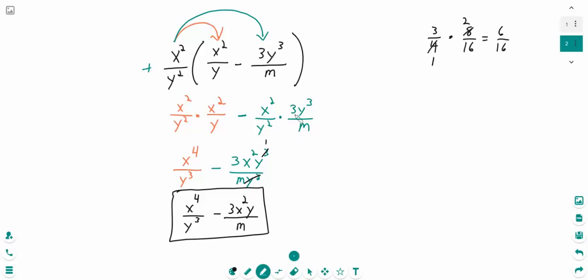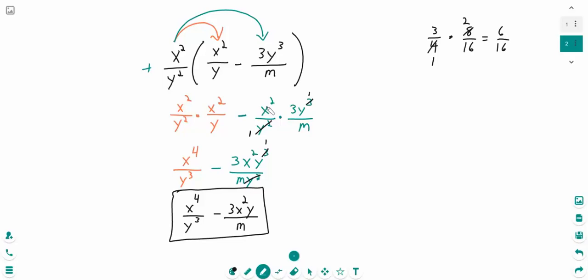So looking at these fractions, we may have been able to recognize that, okay, we could cross-cancel out these y's. We have this y squared here. That could cross out this y to the third and make it into a y to the 1, right? We're losing two y's. So if we would have done that, this would have become a 1.